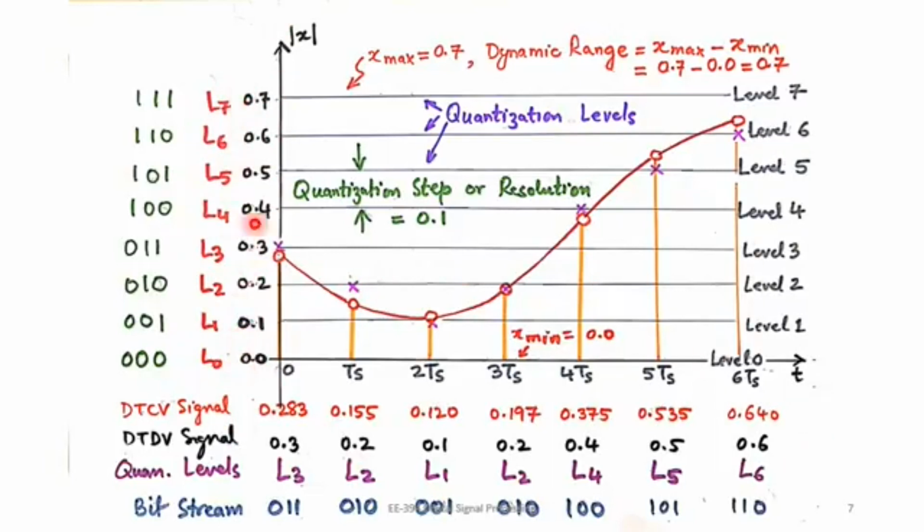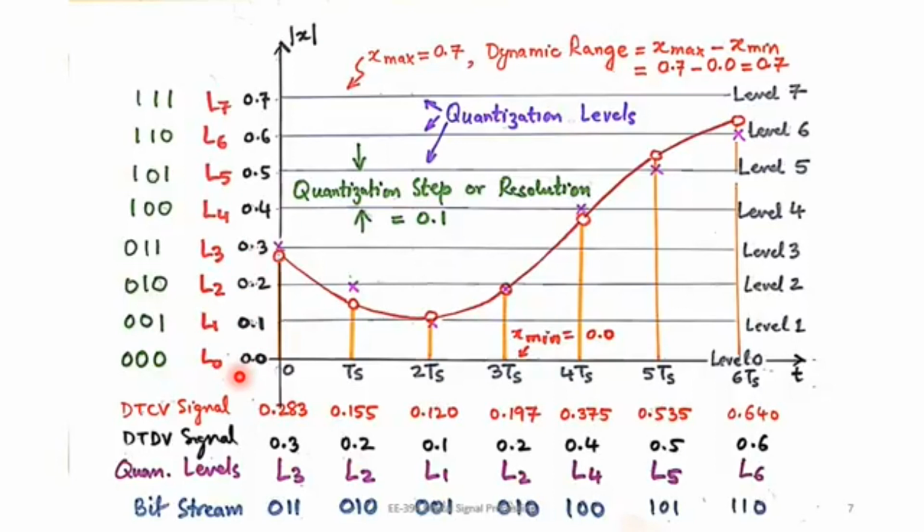If I increase the number of levels from 8 to 16, the quantization noise will further decrease. And if I go from 16 to 32 levels, these levels will become even finer and allow even lower quantization noise. But of course, when we increase the quantization levels, it will also have some effect on other aspects. So let us look at those now.